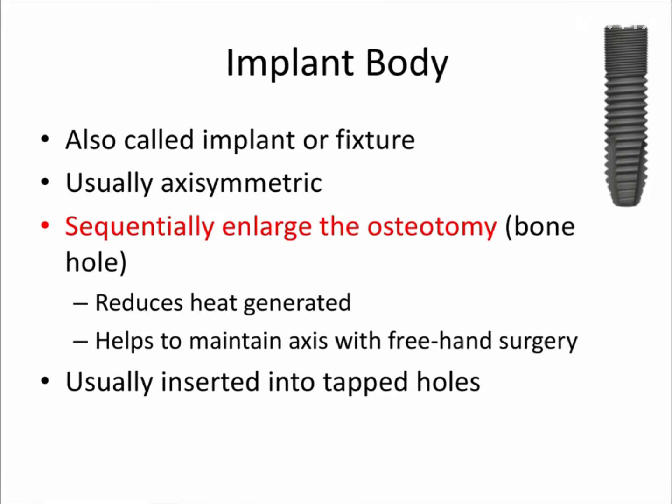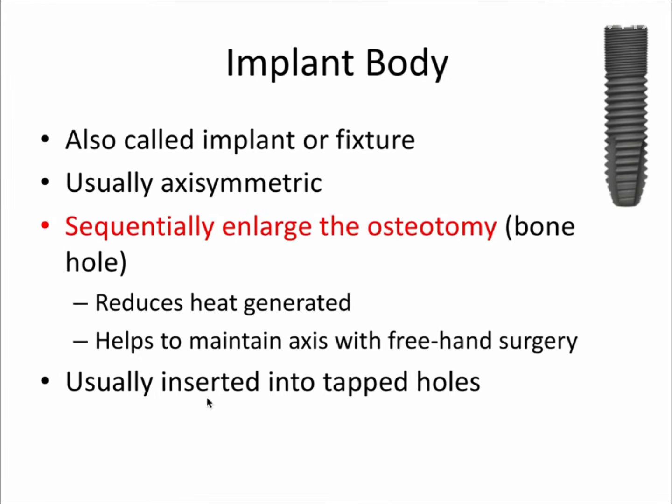So you start with a really small hole, you put in a little indicator, and you can say, well, my hole's a little bit too angled distally, so next time when I go up to the next bigger drill, I can correct that angulation. So it gives you some opportunities to correct and maintain a proper axis.